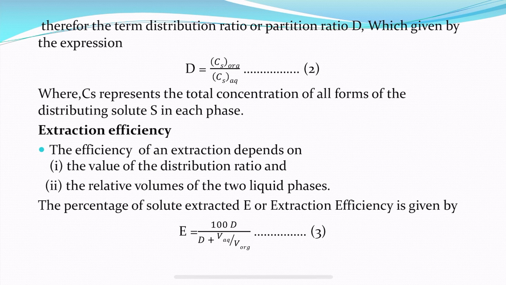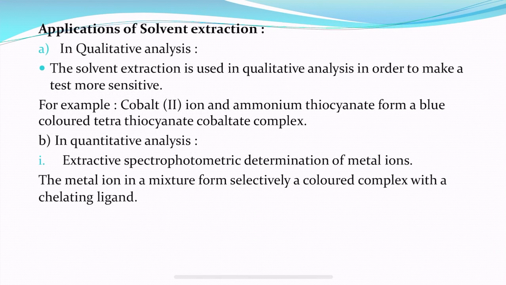V aqueous means the volume of the aqueous phase, and V organic means the volume of the organic phase. Okay. In this way we are going to calculate the extraction efficiency. And D is nothing but the distribution ratio or partition ratio, and V aqueous is the volume of the aqueous phase, and V organic, so this is V org, is the volume of the organic phase. Okay. So, this is what is meant by extraction efficiency.